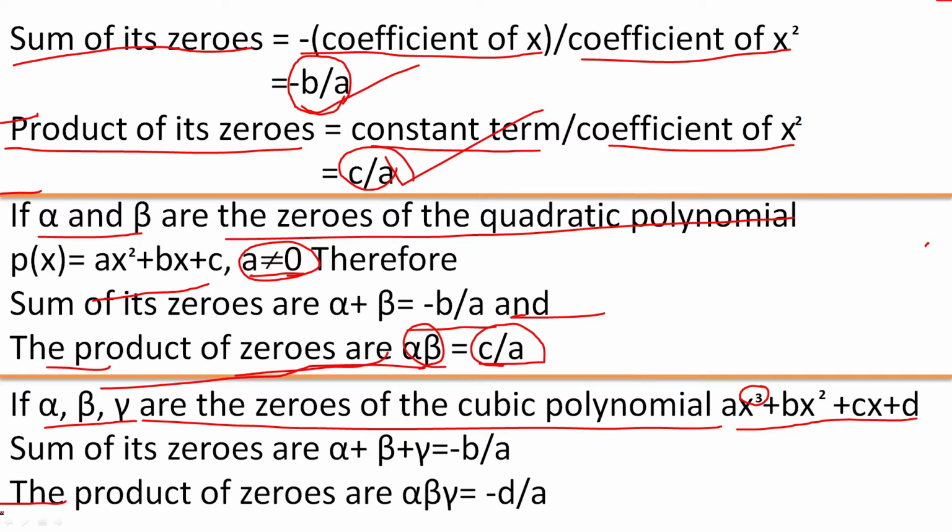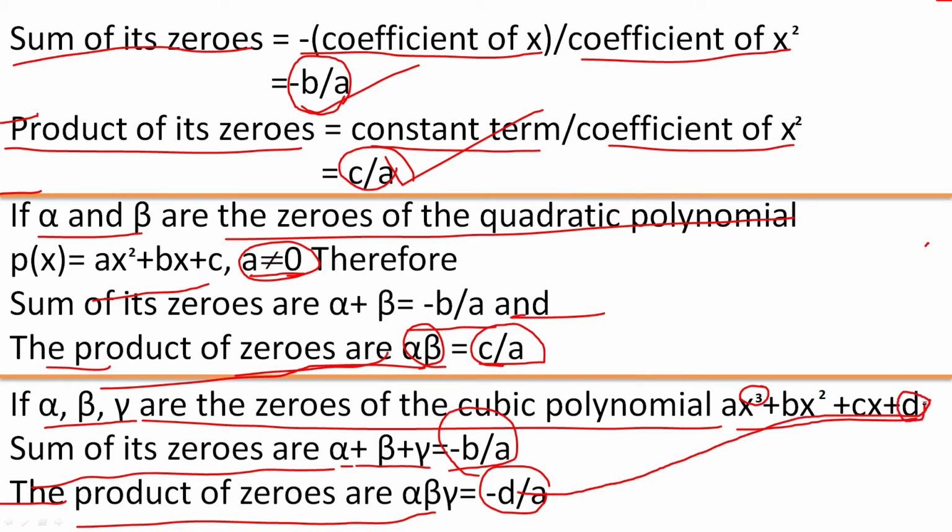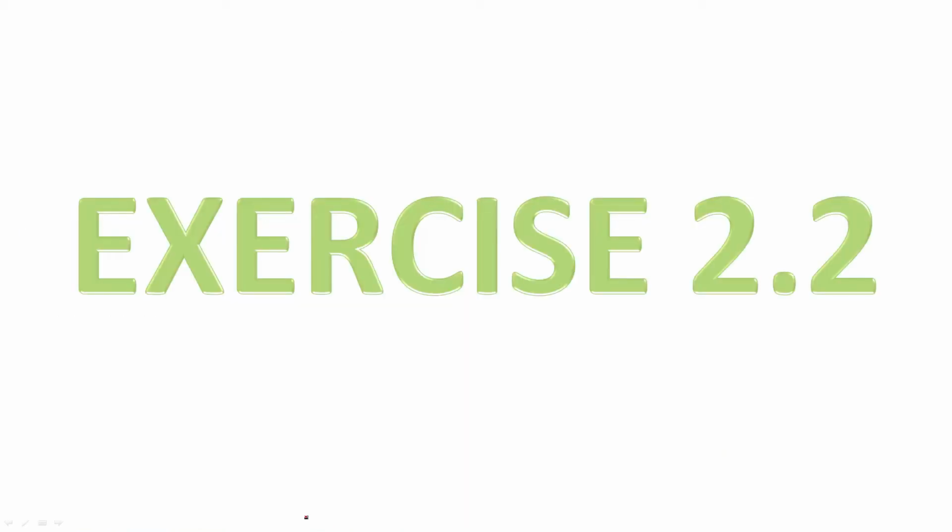Sum of its zeros, as we defined in the previous case, here also alpha plus beta plus gamma is equal to minus b by a, you have to remember. Then the product of zeros, alpha, beta, gamma, all the three together is equal to minus d by a. D is the constant term in this case, so minus d by a, you will get the product of the zeros. Exercise number 2.2.